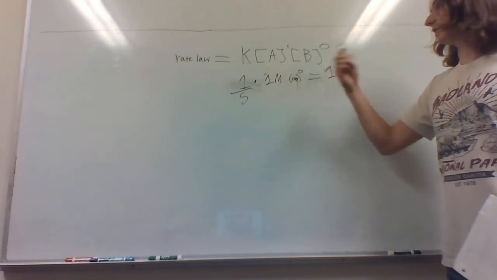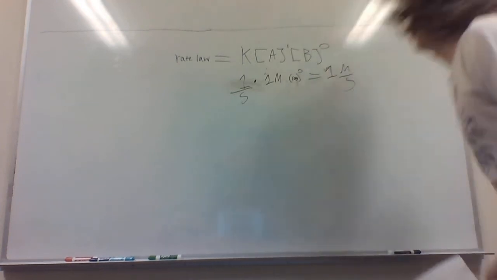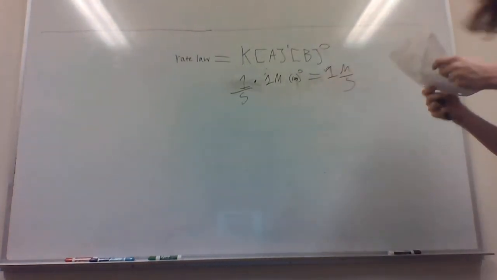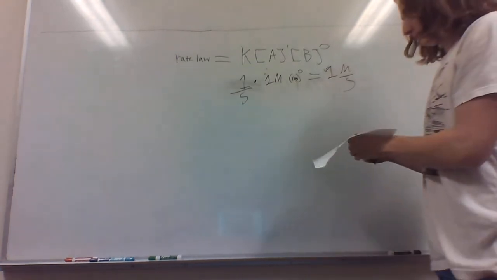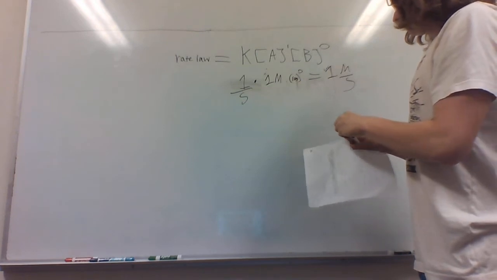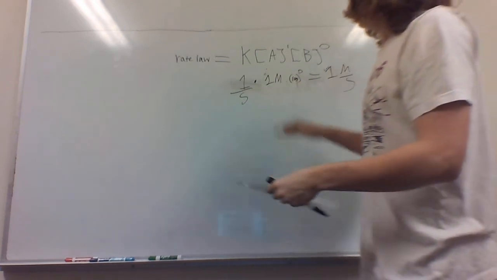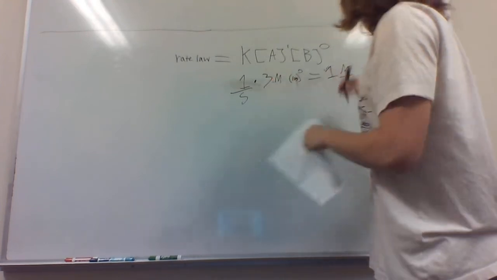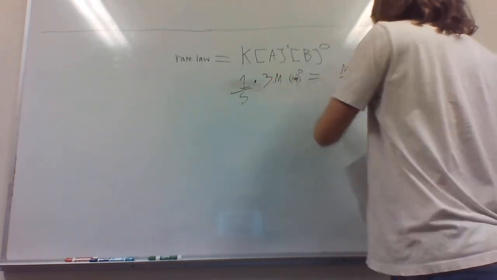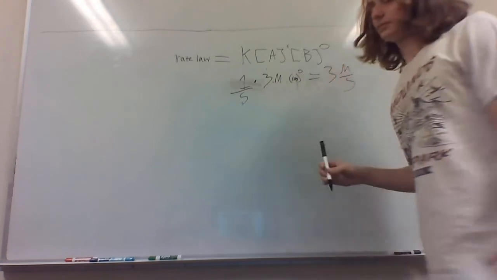Changing the concentration of B does not change the rate at all. And if we were, let's say, we tripled the concentration of A, this becomes 3. The rate becomes 3 molar per second.